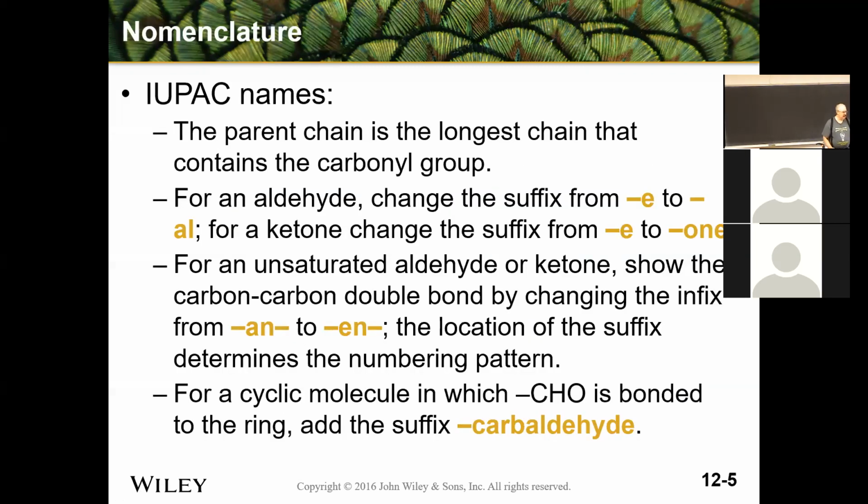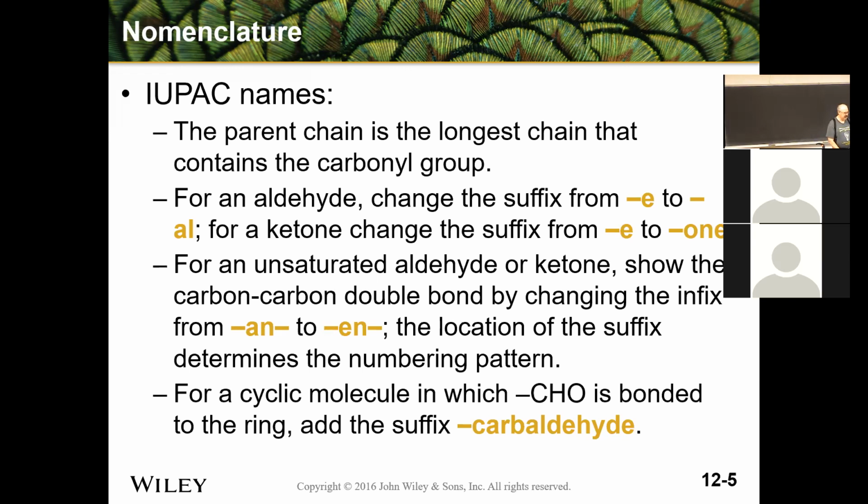Right, to name aldehydes or ketones, again, we look at the longest carbon chain that contains the principal functional group, that contains the carbonyl group. And as I mentioned, for an aldehyde, we change the suffix from E to al. And for a ketone, it's -one.